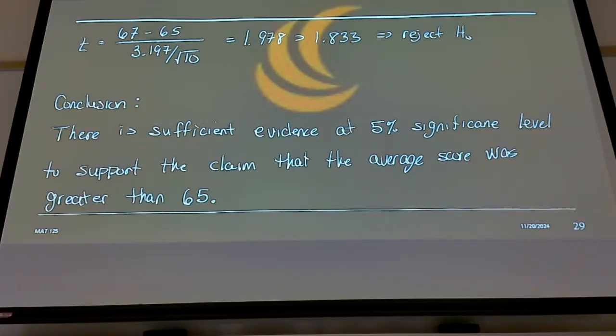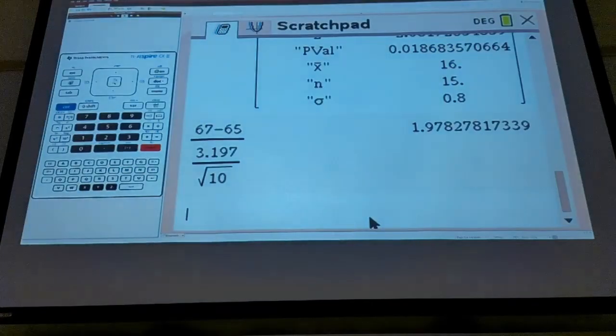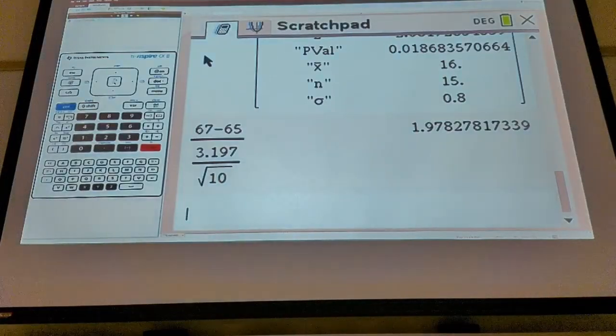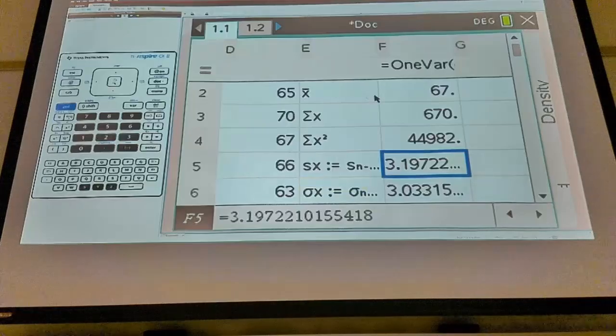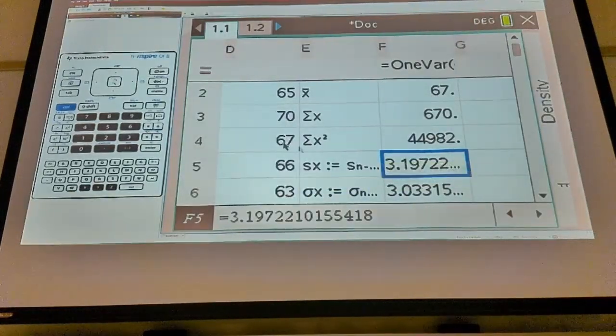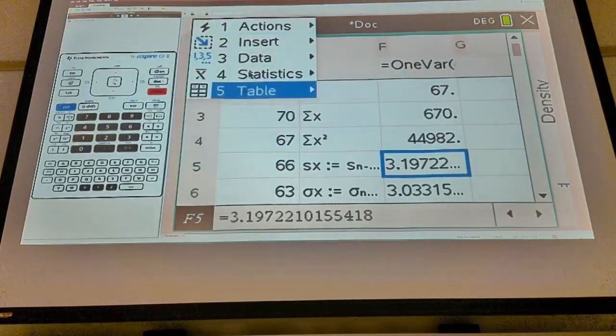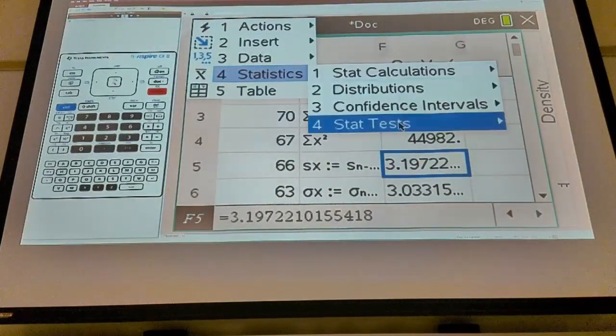So same process, just a different test statistic. It's t instead of z. Back over here: menu, statistics, stat tests.